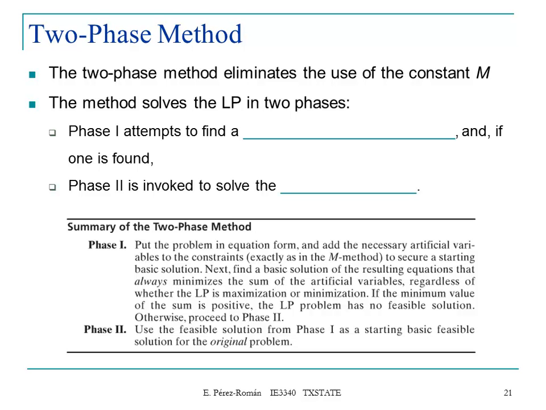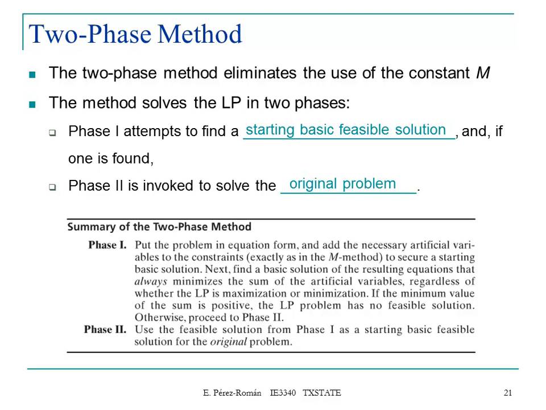The method solves the LP in two phases, and that's where the name of the method comes from. Phase one attempts to find a starting basic feasible solution, and if one is found, then we proceed to phase two to solve the original problem. In this table, I have the summary of the two-phase method.